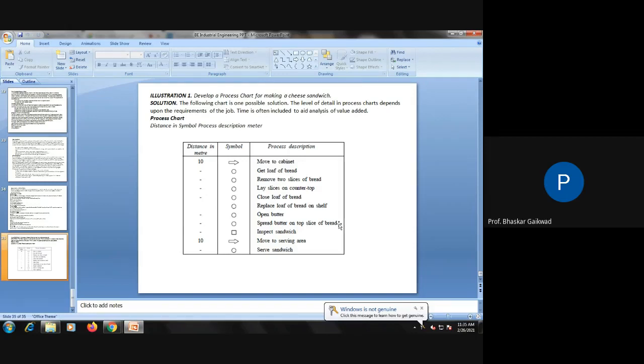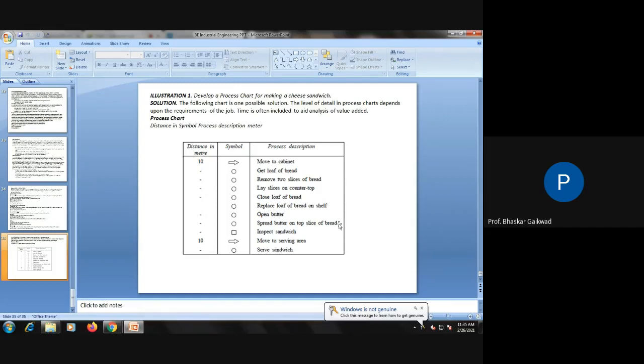Transportation, and other activities he does with his hands. Whatever activities are there, you have to show by symbol and note the corresponding times in our chart. After these activities get over, he will move to the area where the man is sitting and serve the sandwich. That is the operation.